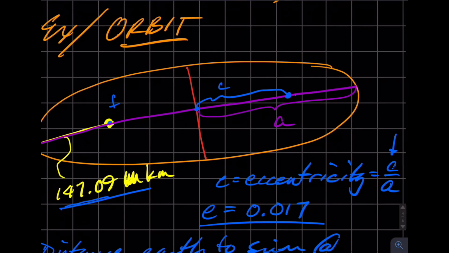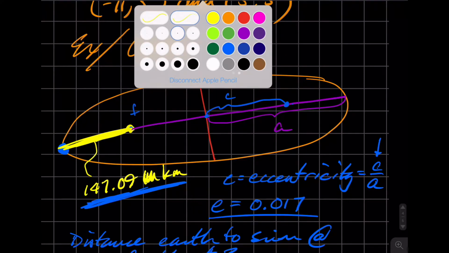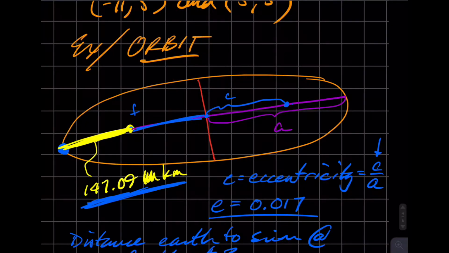First, we have to figure this out. What relationship does this number, 147.9, have to A and C? So let's look at this. This 147.9, I'll highlight it in yellow again, is that distance. Let's say the blue value is C. That's this distance, C. And then A, we're using purple in this problem, so A is this.